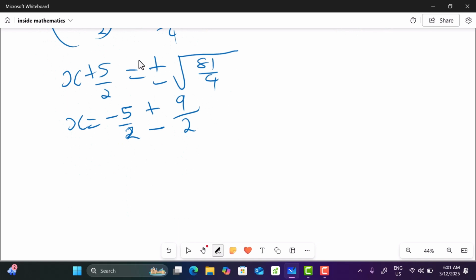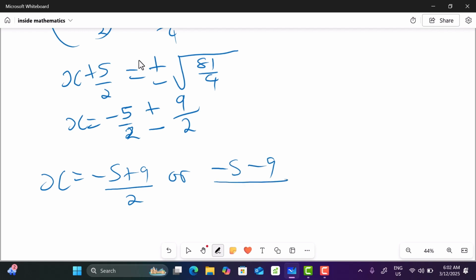So the bottom line is x equals (minus 5 plus 9) all over 2, or (minus 5 minus 9) all over 2. I do it for the plus and for the minus. The LCM here is 2.